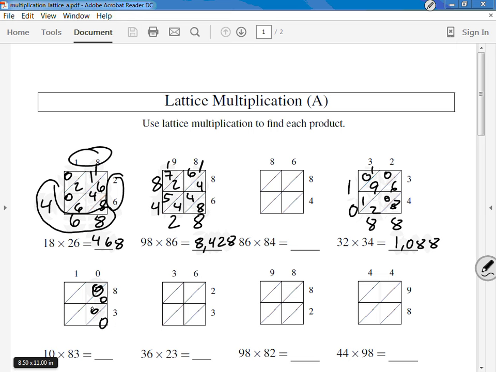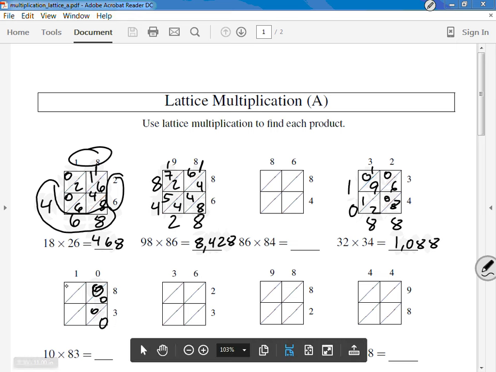Timetables of 1, it's real simple too. How much is 1 times 8? 8. How much is 1 times 3? 3. So I drop this 0. There's only a 3 here, right? I'm ignoring my zeros. There's only an 8 here. So 10 times 83 is 830.